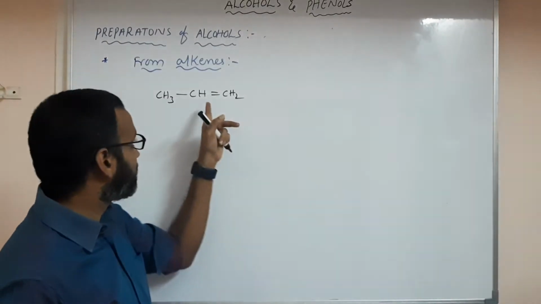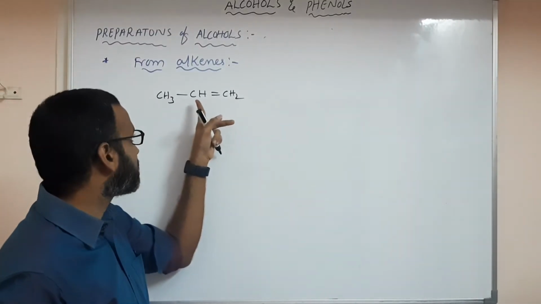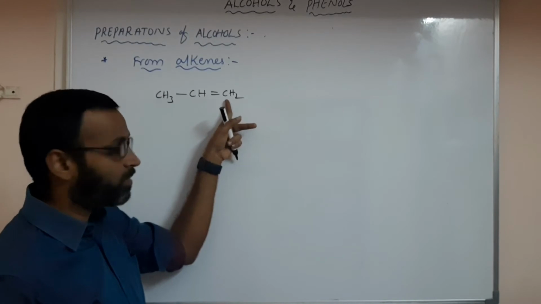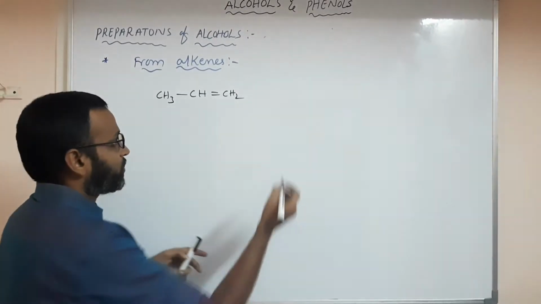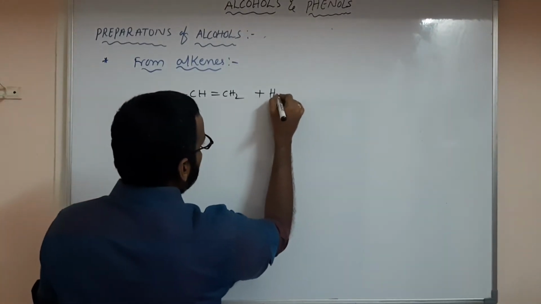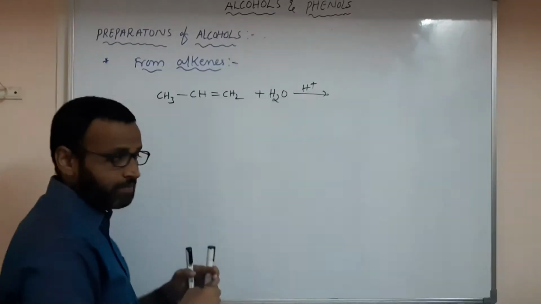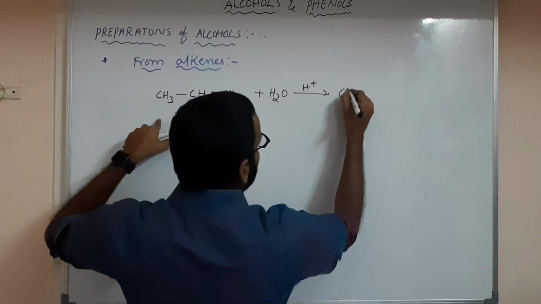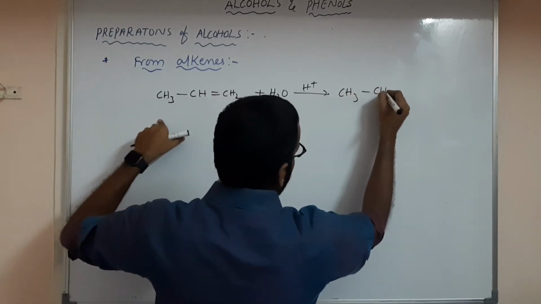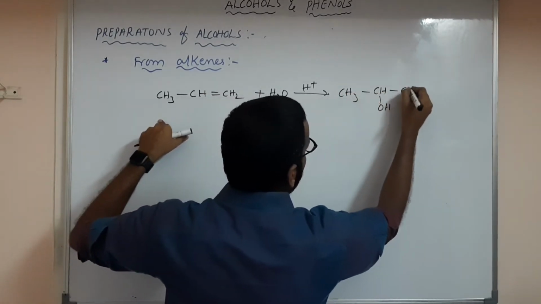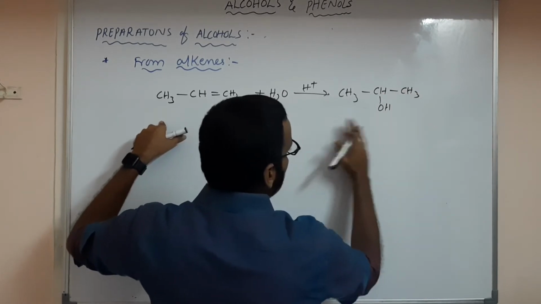But here the alkene is unsymmetrical. This carbon has one hydrogen, and this double bonded carbon has two hydrogens. So when I add H2O in the presence of some H plus, the product is CH3CH(OH)CH3. This is the product, right?